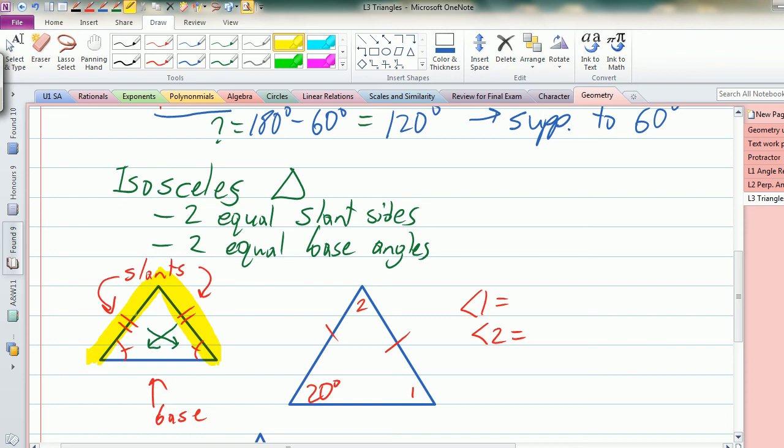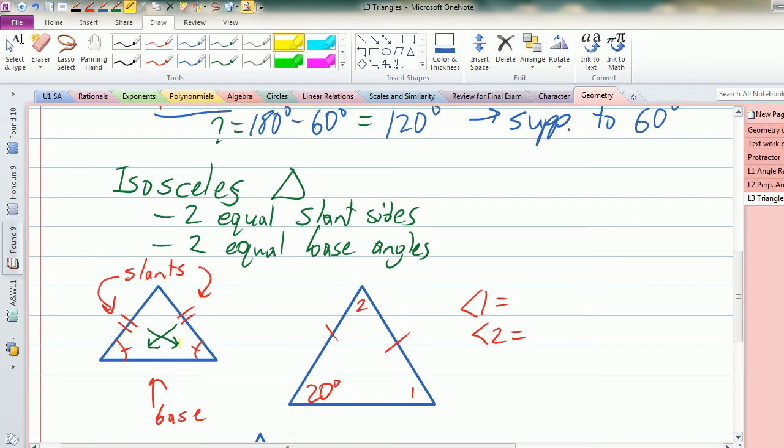Okay, so this one has 2 dashed lines. I can use 1, 2, or 3, but that indicates that these sides are equal length. So that's the slant sides of the triangle. Now the angles opposite them are the base angles. Those are also equal because they have the same marks on the angle symbol.